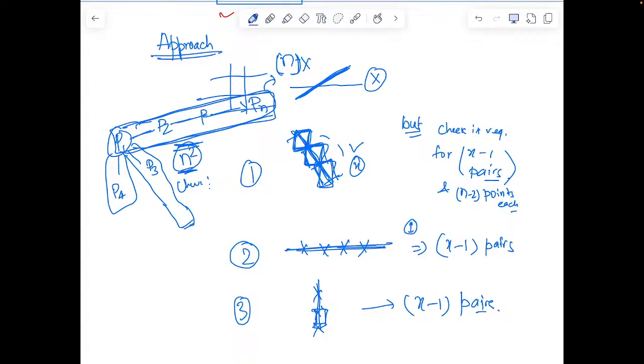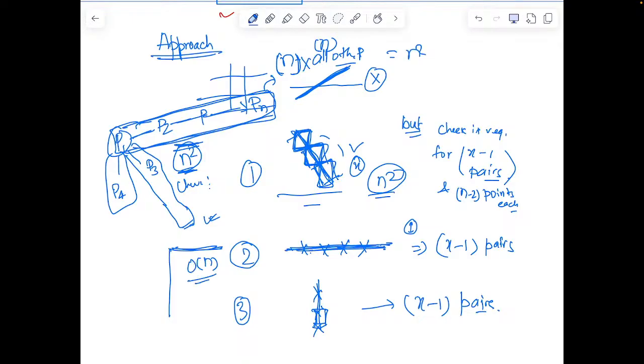That's also a case, which is again n into n, so it is n square. So this entire check is n square. Now this part is covered in it because we can also go vertical or horizontal, but here we just need an order n operation. We are good.